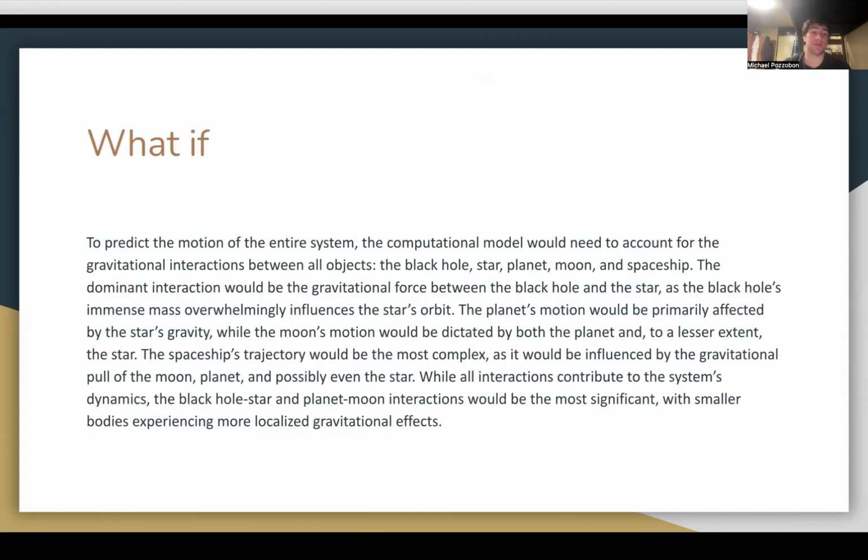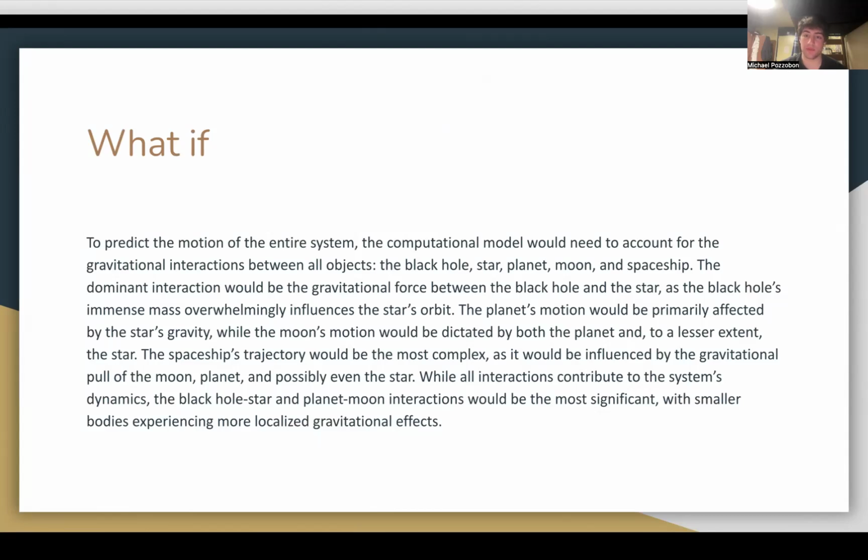So what if? To predict the motion of the entire system, the computational model would need to account for the gravitational interactions between all objects: the black hole, the star, the planet, moon, and spaceship. The dominant interaction would be the gravitational force between the black hole and the star, as the black hole has the largest mass and would influence the star's orbit the most.